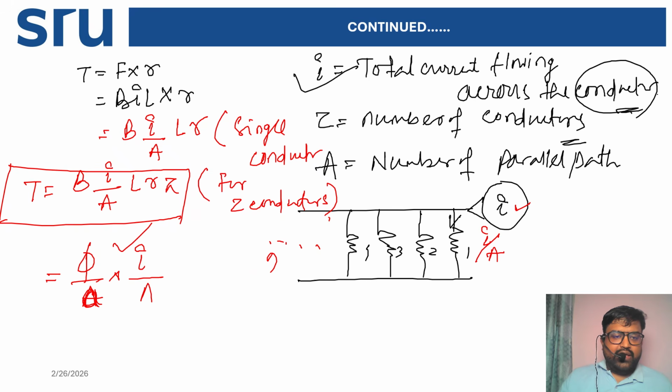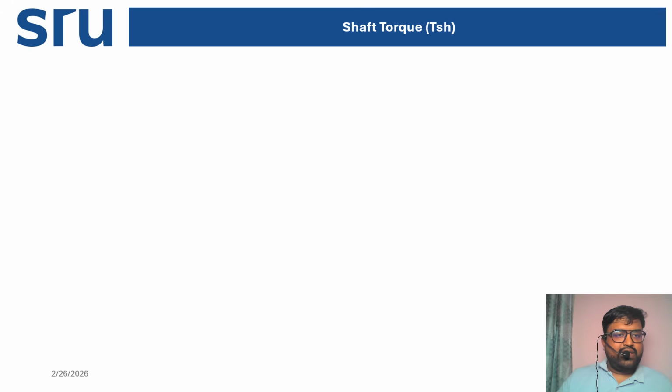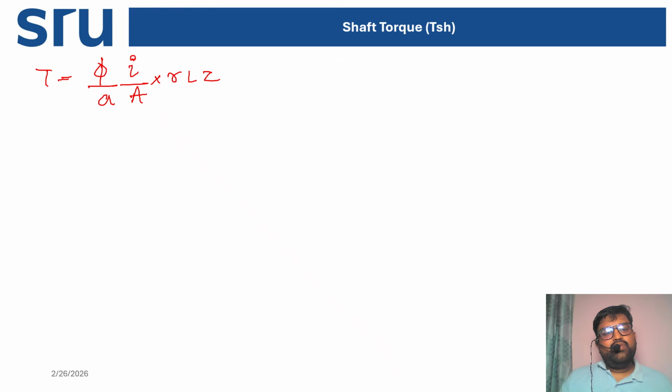Now here you can see torque equals flux per unit area, and that is I by A, and it is R, L and J. Now you find out this, because everything else we already know, but this we have to find out.